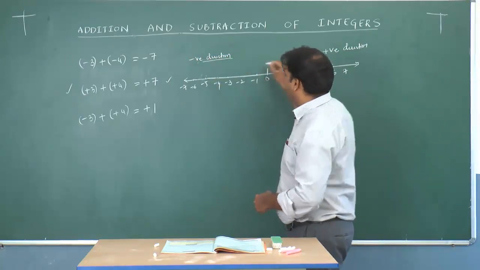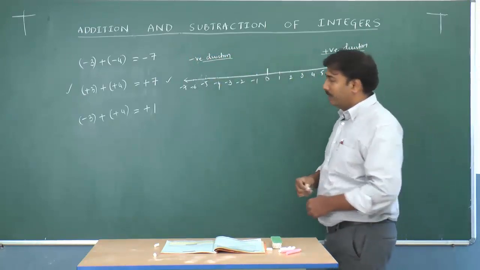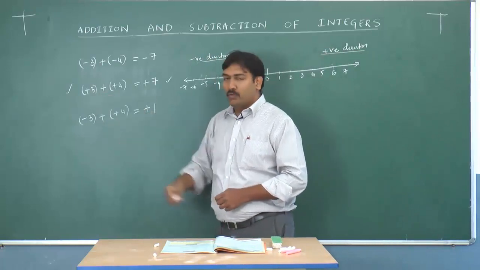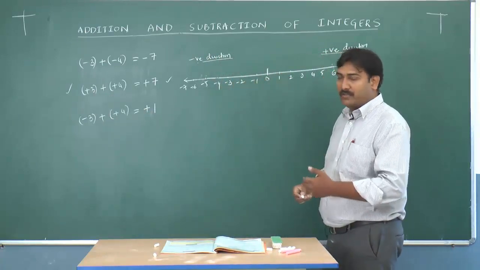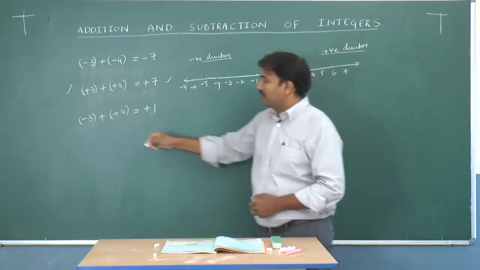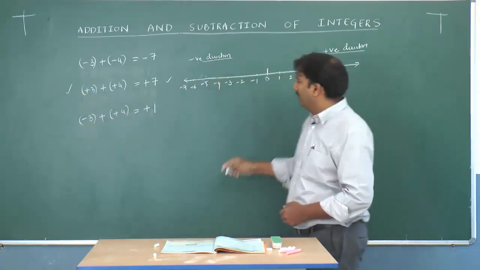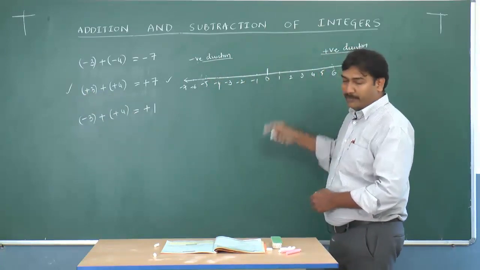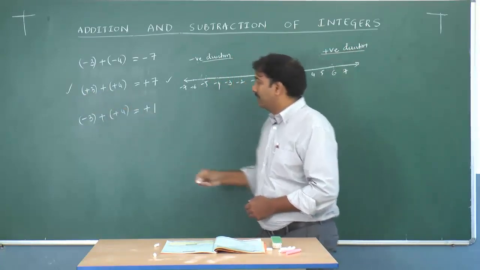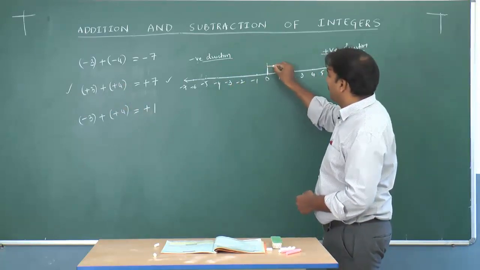This is a very important point. Now let us begin with plus 3. Starting from 0, count 3 units to the right side, because plus 3 means we move in the positive direction.